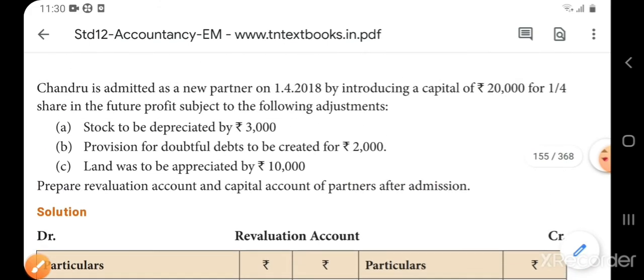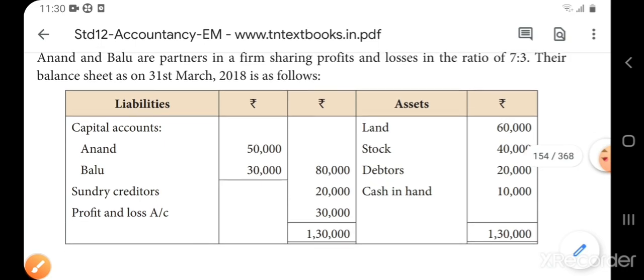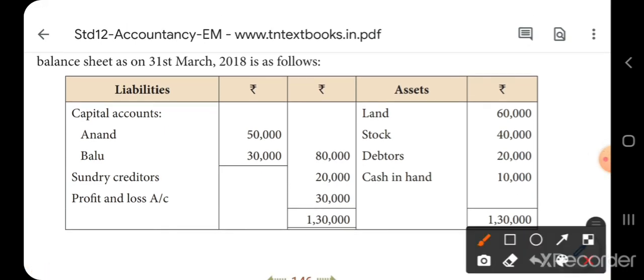And if you go through the balance sheet, whatever reserves or whatever fund is maintained, that has to be distributed to the old partners in the old profit sharing ratio. Any general reserve or any fund, workmen's compensation fund or profit and loss, anything if it is given in the balance sheet, it should be distributed among the old partners in the old profit sharing ratio.